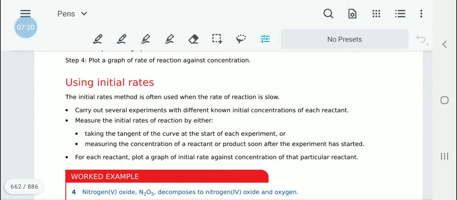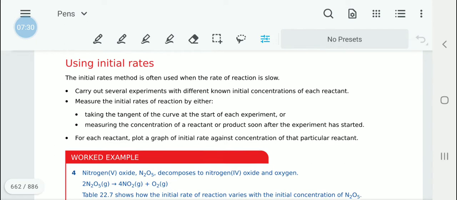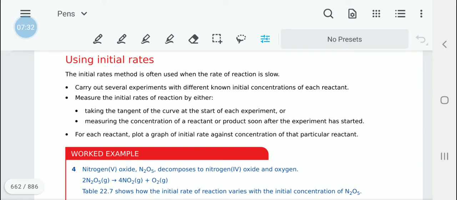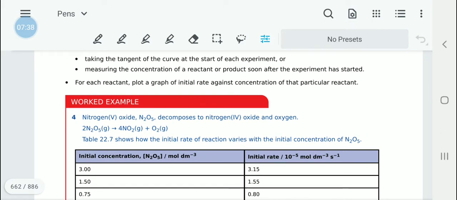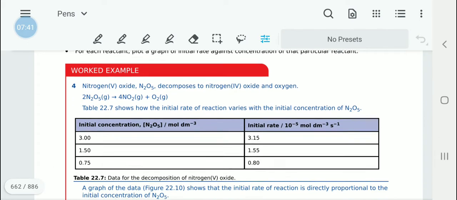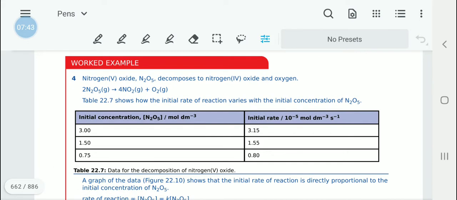Then we measure the initial rates of reaction by taking the tangent of the curve at the start of each experiment, or measuring the concentrations of a reactant or product soon after the experiment has started. Then, for each reactant, we plot a graph of initial rate against concentration of that particular reactant, and that will give us the details that we need.